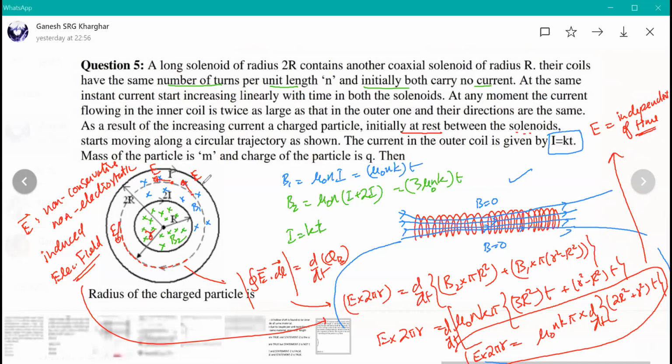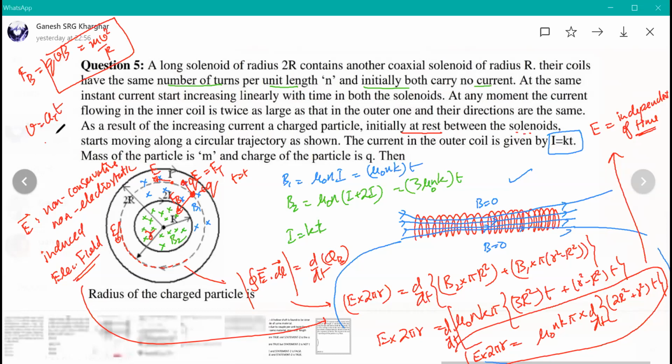Now I can see that on the particle at any instant, if I have a particle of plus q, then q into E is the tangential force. At a particular instant of time, if it has gained a velocity v, then there is a magnetic force acting on it in this direction. So the magnetic force, which is qvB, should be equal to mv square by r. And this v will be equal to tangential acceleration into time, because it started from rest.